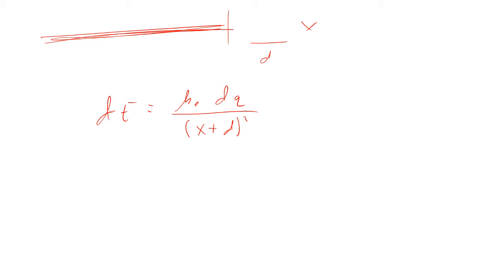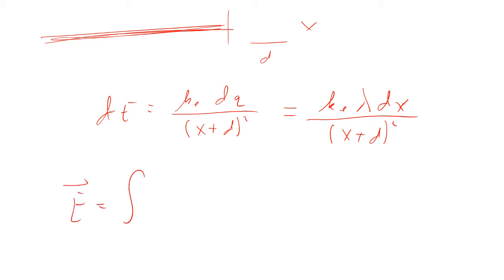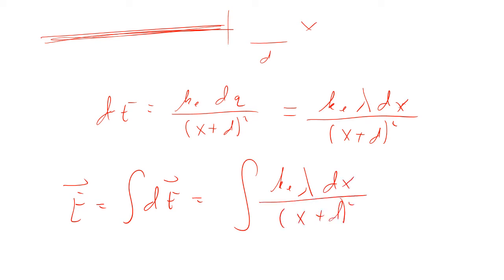Well, I know that dq is lambda dx. And so now (x plus d) squared. So E is going to be the integral of dE. So that's going to be the integral of k lambda dx over (x plus d) squared. And we'd go from 0 until the end of the wire.